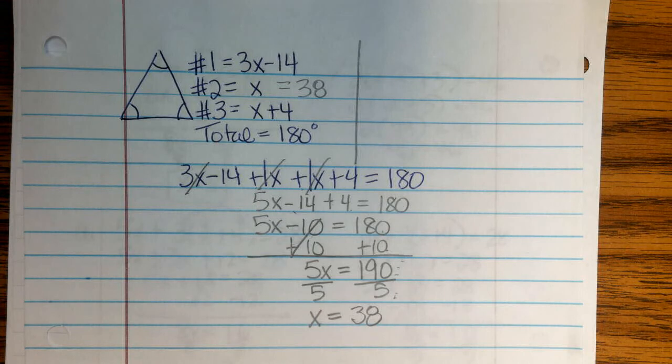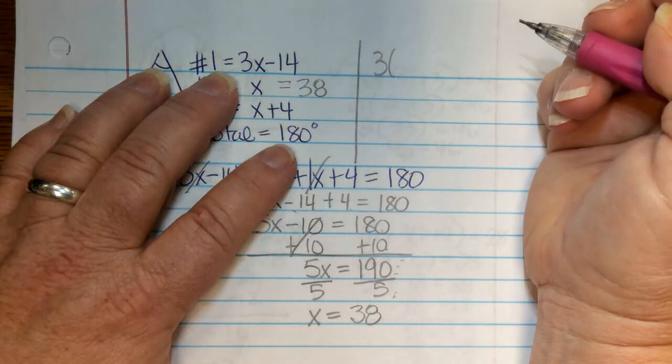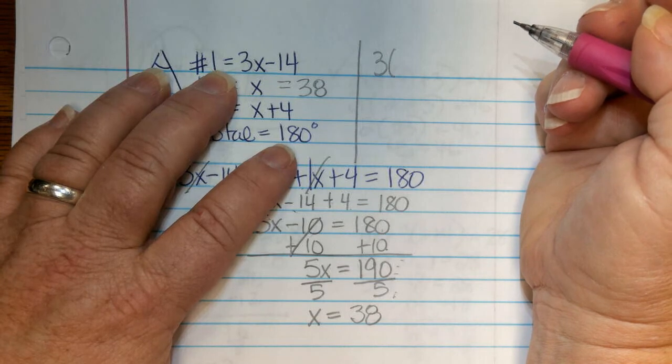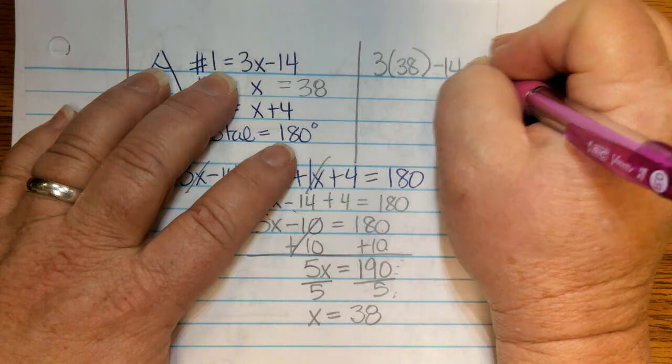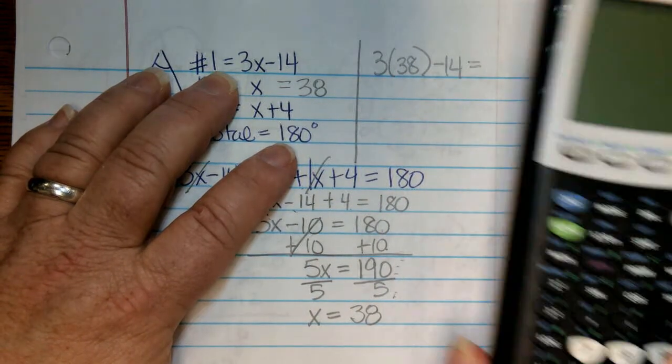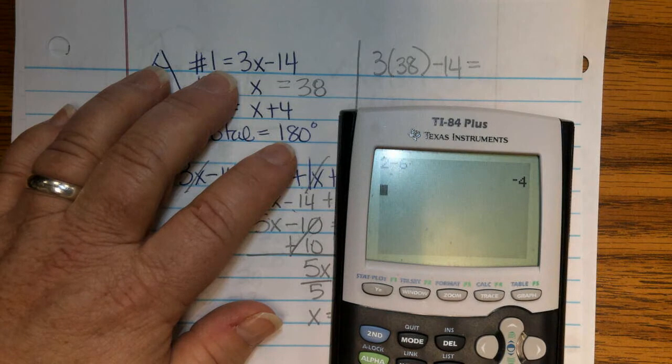Plug it in and evaluate it. 3 times, what's x worth? 38 minus 14 is equal to, at this point, 3 times 38. Can I do that all in one step in this calculator? Yes, 3 times 38, subtract 14.